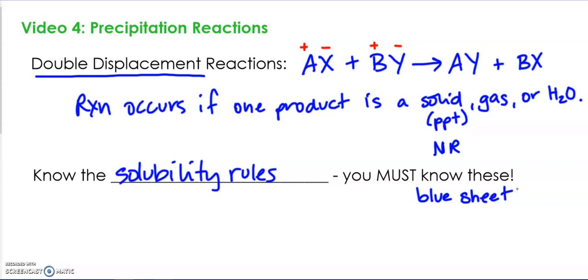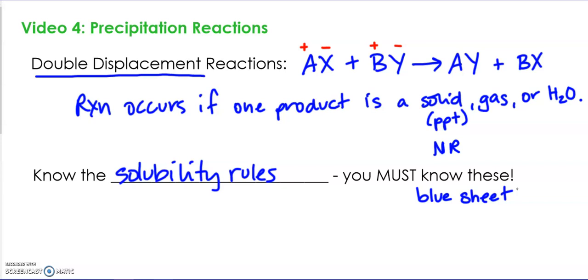There are some patterns in that things like nitrates are always aqueous. Alkali metals will make compounds that are typically aqueous. Things like silver, mercury, and lead will make compounds that are usually solids. So we're going to discuss some of these and look for some of these patterns in class.